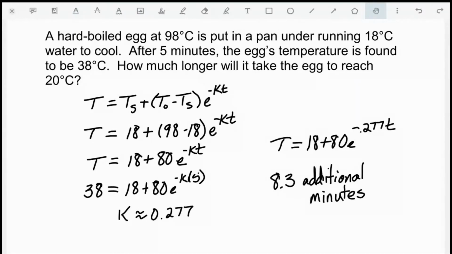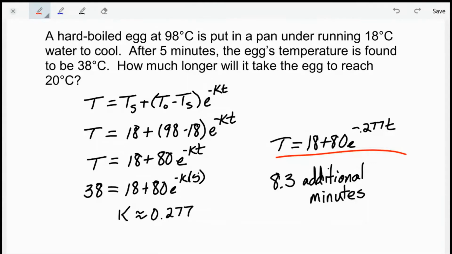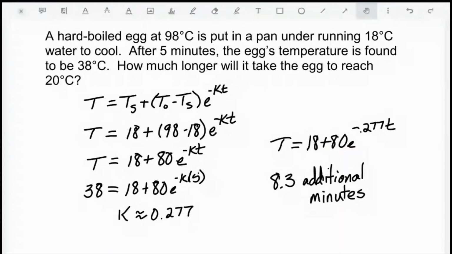It said, how much longer will it be? So when I solve this equation out, I'm actually going to get 13.3 minutes because it takes a total of 13.3 minutes. But the question said how much longer after that. So I have to subtract out that 5 minutes that already went by, and that's where the 8.3 came from. So it's a little bit tricky from the standpoint of the way the question is worded, but in the end, it's really just an algebra problem.